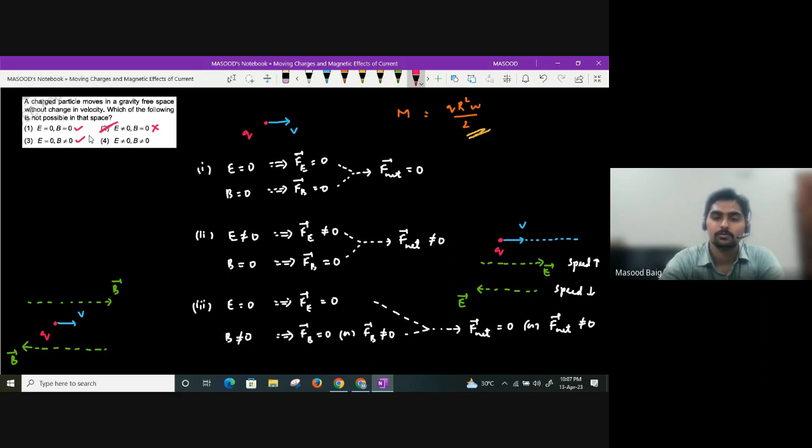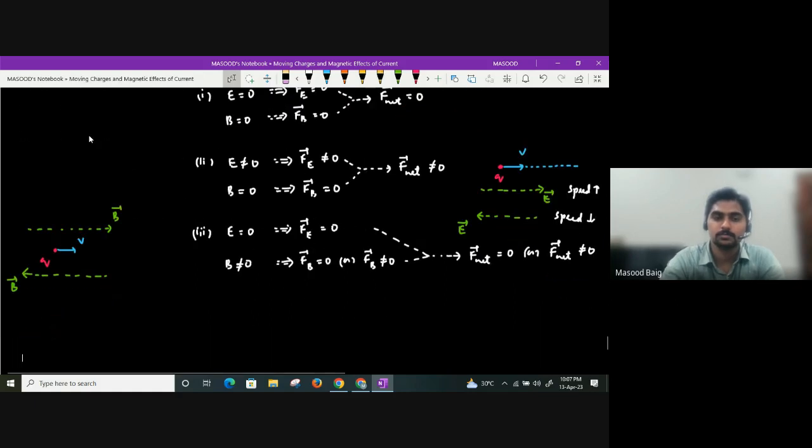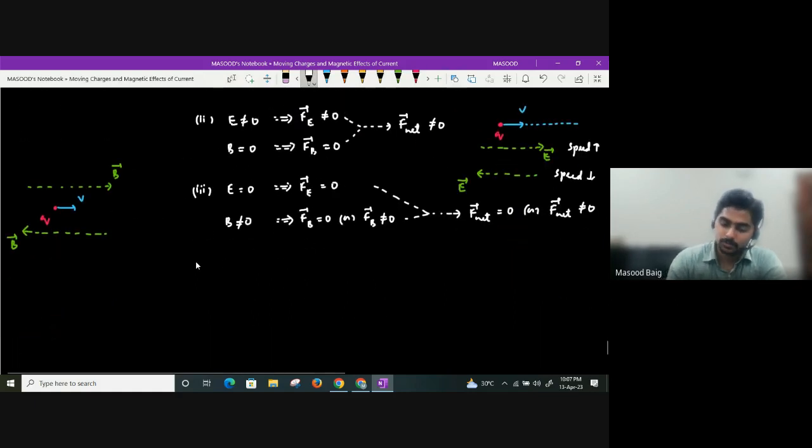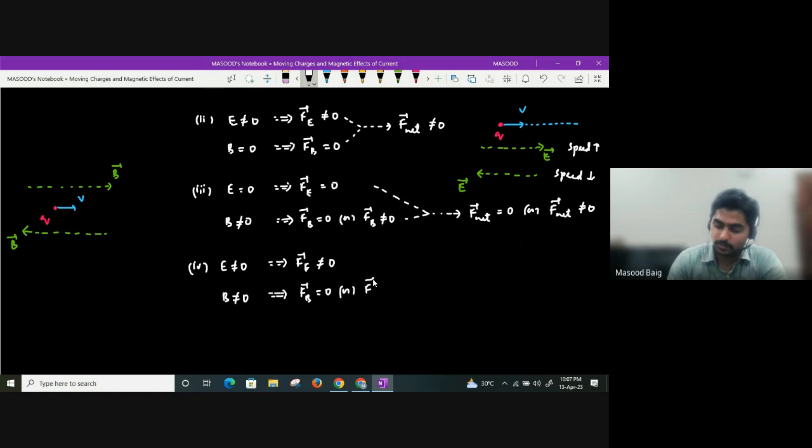Then the fourth case. What is the fourth case? They are saying electric field is non-zero. This means definitely electric force will be there, guys. And they are saying magnetic field is also non-zero. It means again two cases. Magnetic force may be 0 or magnetic force may not be 0.